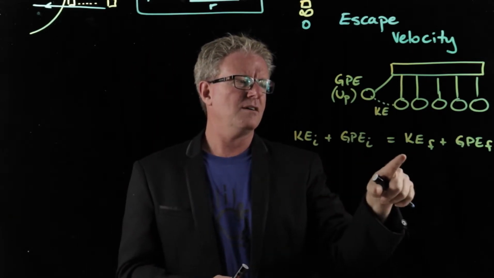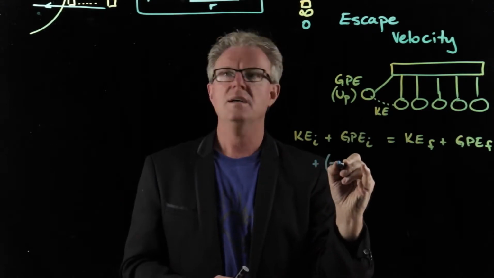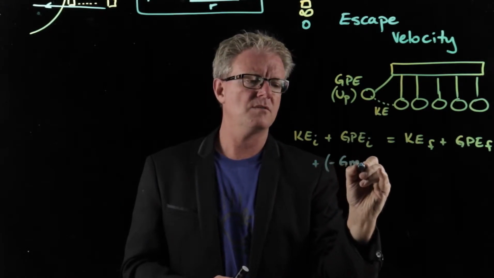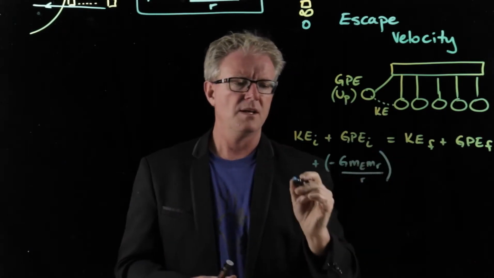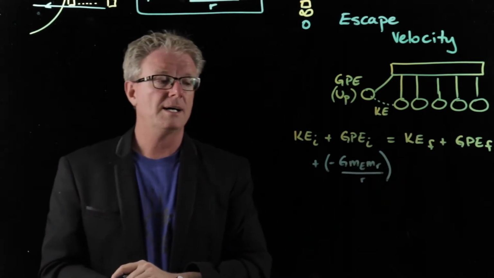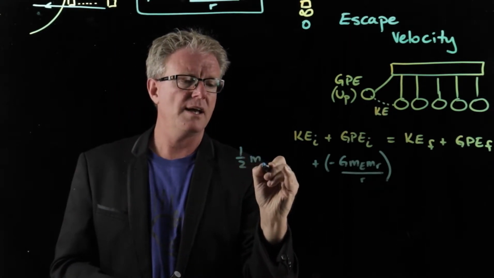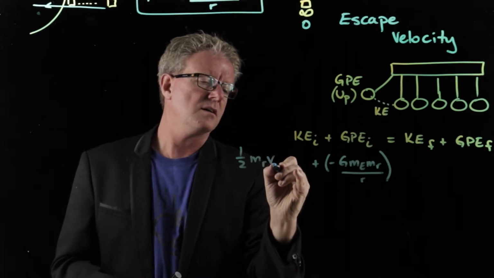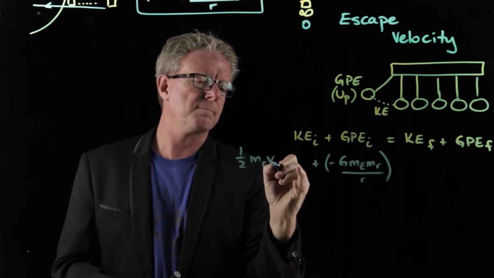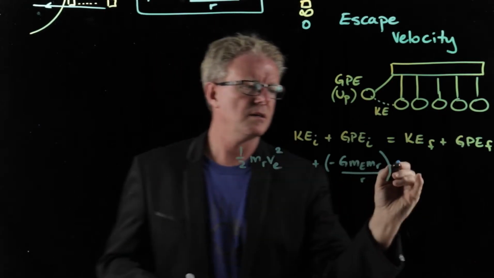So we have gravitational potential energy being that equation there, so we go plus, and we're going to write that in, G, the mass of the Earth and the mass of the rocket, over r. The kinetic energy for a moving body is a half m v, and now that's the escape velocity of the rocket squared.